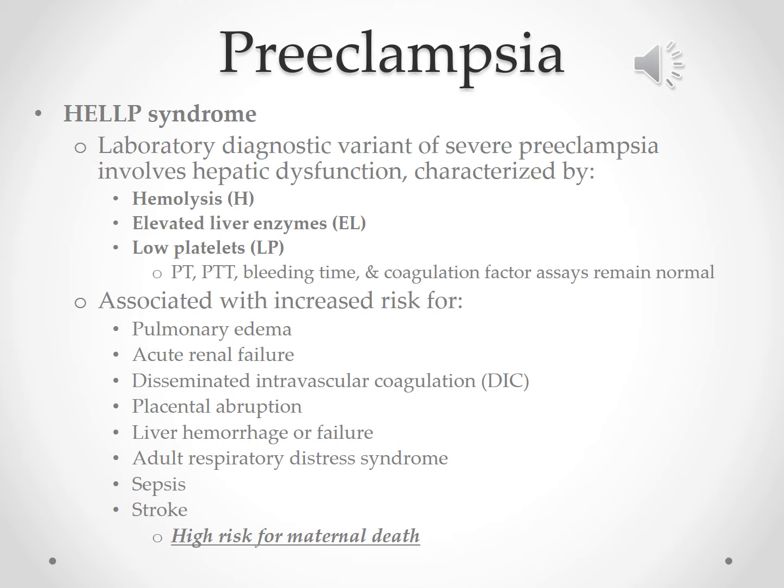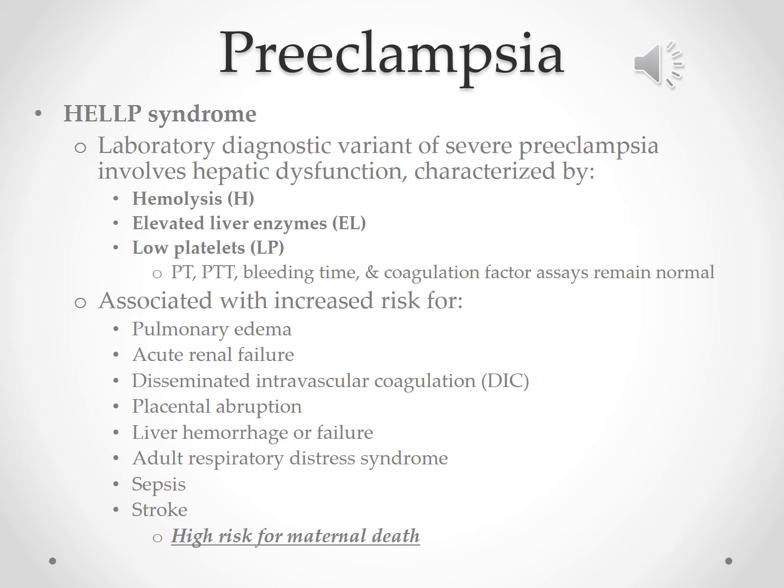HELLP has been associated with risk for pulmonary edema, renal failure, DIC, so you definitely have to worry about bleeding disorders, placental abruption, liver hemorrhage or liver failure because you have the liver injury, sepsis, and stroke. HELLP syndrome is associated with an increased risk for maternal death, with perinatal mortality rates going anywhere from like 7.5 to 20.5%.